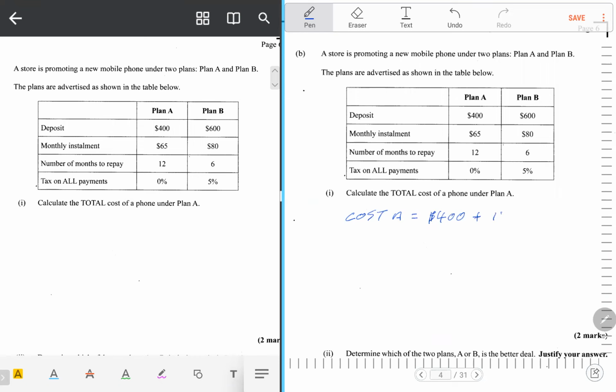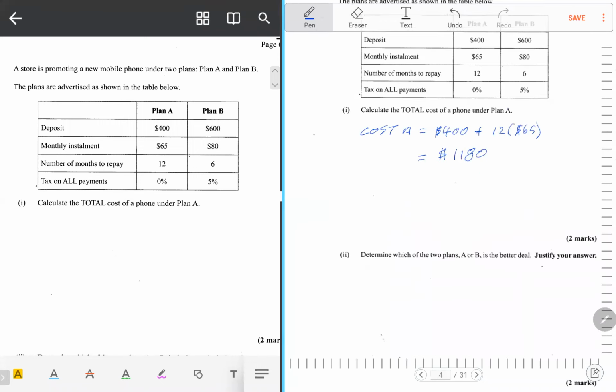So it's 12 times $65. And you work that out with the calculator, and that will come to 1,180. So that is the plan A cost, the cost under plan A. All right, so that's the first part.